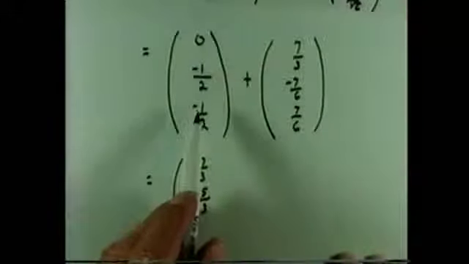And negative 1/2 plus 7 sixths is negative 3 sixths plus 7 sixths, which is 4 sixths, which is 2 thirds. So the projection of vector B onto the column space of A is 7 thirds, negative 5 thirds, 2 thirds.